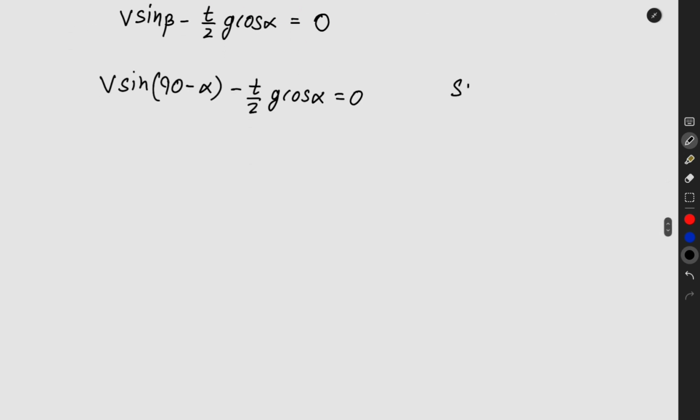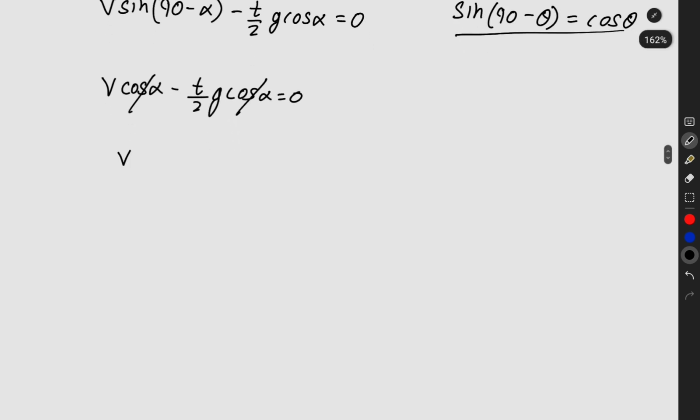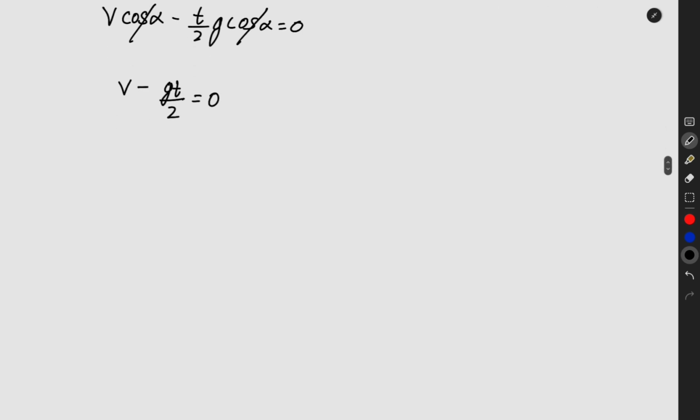Now, we know the sine of 90 minus theta is equal to cos of theta. This is a trigonometric property. So this will be equal to cos of alpha minus t by 2g cos of alpha. I can just cancel out cos of alpha because it is non-zero. I get v minus gt by 2 equal to 0. v is equal to gt by 2.